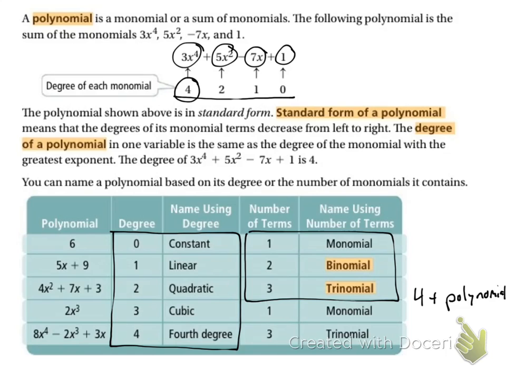So you give something 2 names based on its degree and based on the number of terms. So if we look at this one that they gave us here, it's a degree 4. That's the highest term. So it's a 4th degree. And there's 1, 2, 3, 4 terms, so it's a 4th degree polynomial.